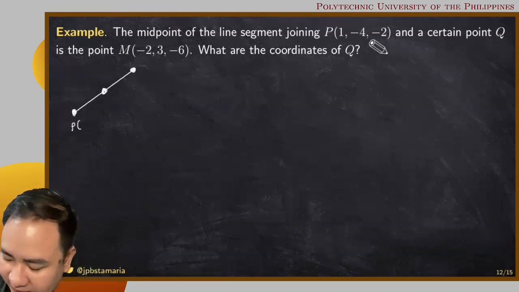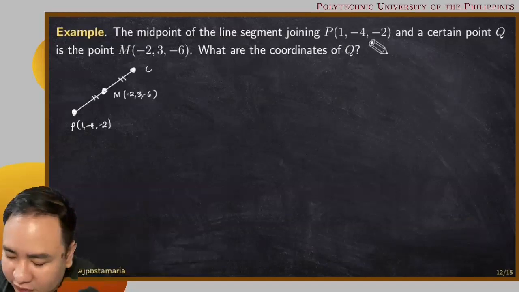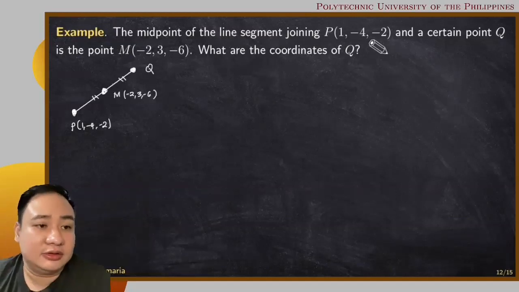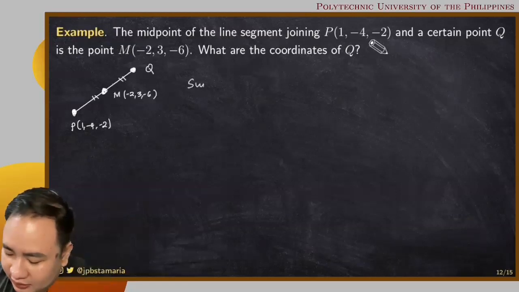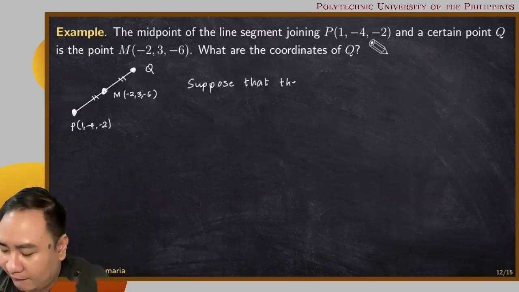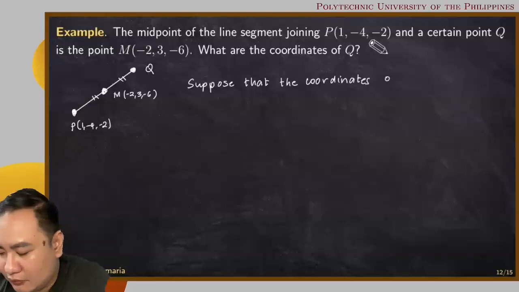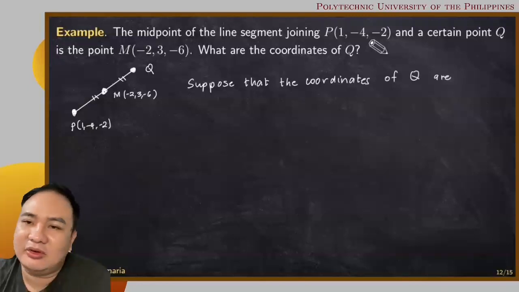So this is P. And this is M. Yan, there. Tapos ito yung Q na hindi natin alam yung coordinates. So let's say the coordinates of Q. So lagay natin dito. Suppose that the coordinates of Q are, or ano ba tama? R or is? Kasi coordinates eh. Coordinates ba or coordinate?